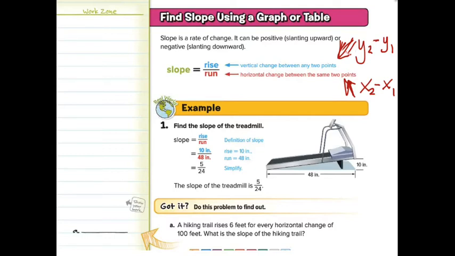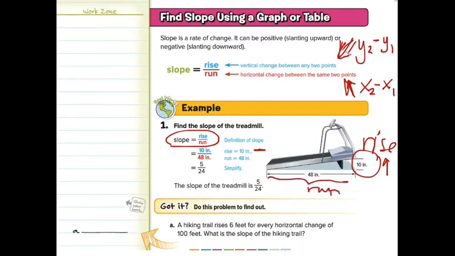Number 1, find the slope of the treadmill. Slope equals rise over run. Okay, now right here it tells us the rise is 10 inches. Here's our rise. Okay, it's how far it goes up and down. And our run is 48. Okay, so in your notes, I want you to label these 2 things.